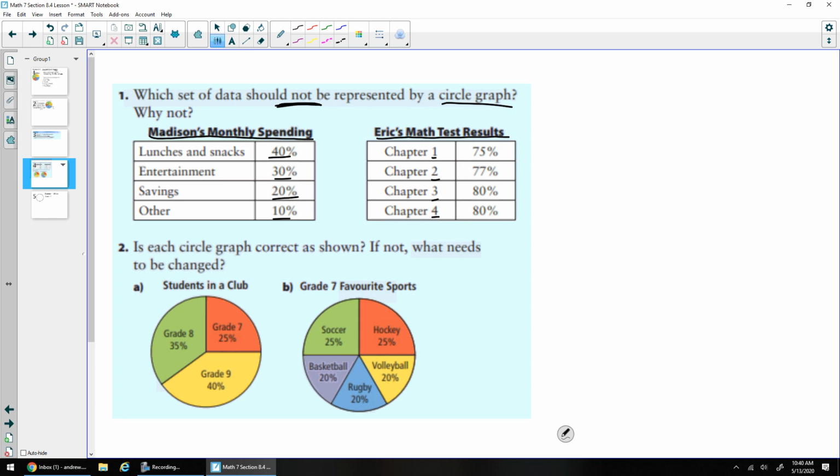It just shows his chapter test marks. And 75% plus 77% plus 80% plus 80% adds up to way more than 100%. So this information, Eric's math test results, while it could be valid data and useful information, shouldn't be used in a circle graph. We'll talk about this in grade 8, but you would use a bar graph for that.